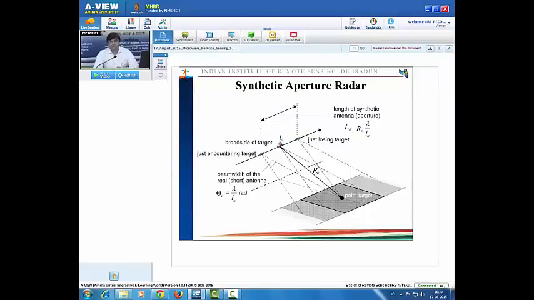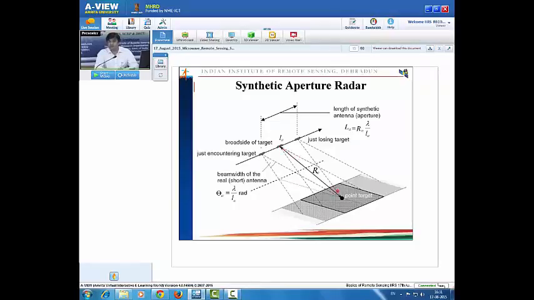So suppose small LA represents the actual antenna length. If small LA is known, and this range distance is recorded in terms of nanoseconds, meaning the time taken by the electromagnetic wave to capture the information of this target, it will be represented by the two-way propagation of the electromagnetic wave.